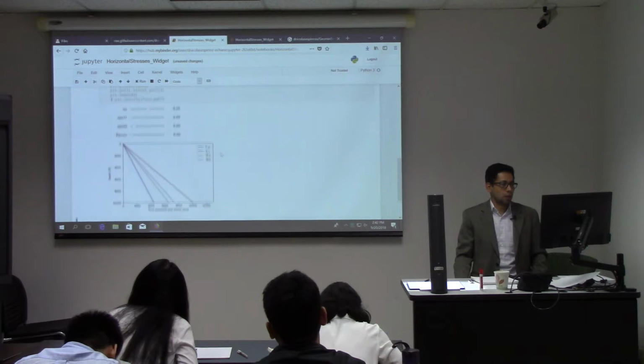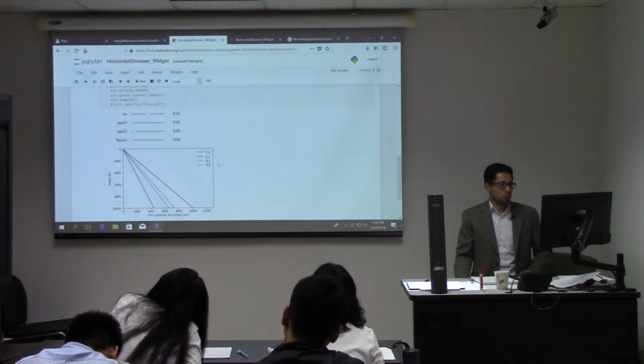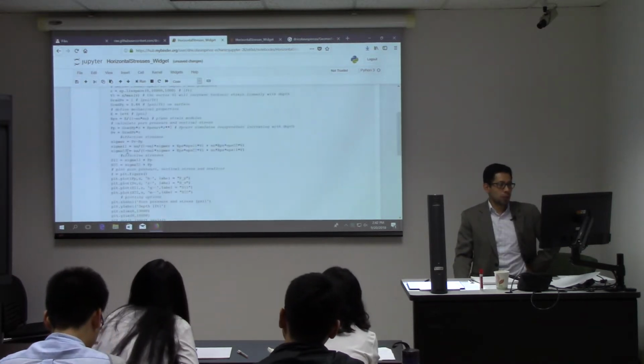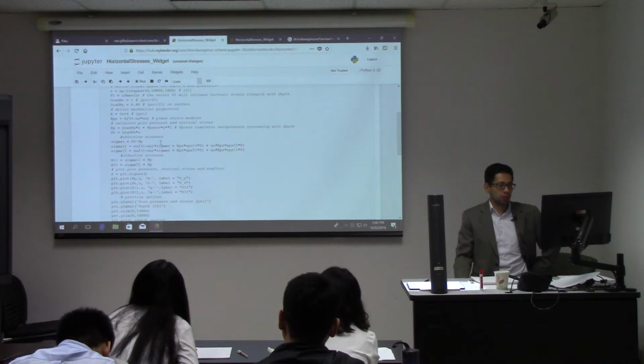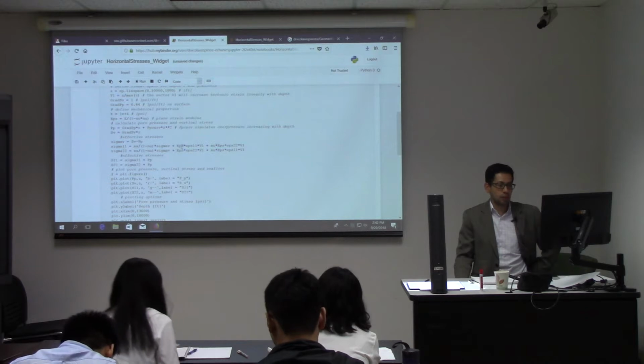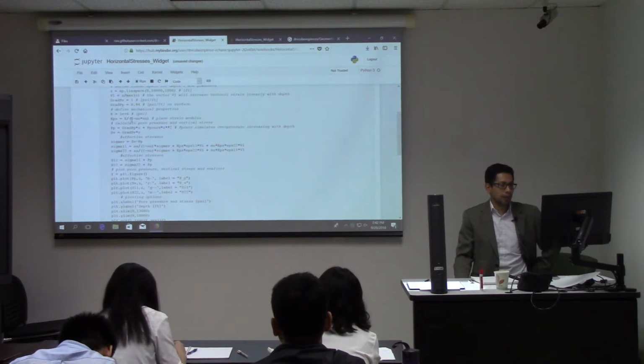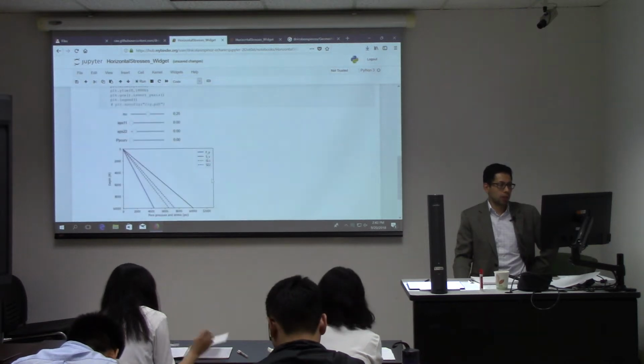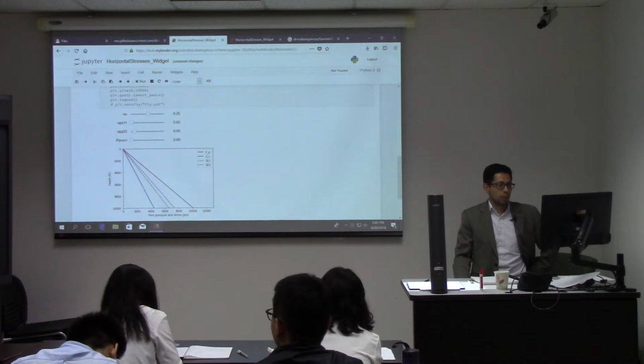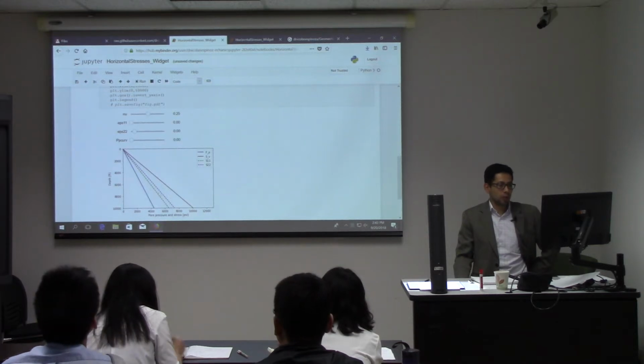Okay, there we go. And the equations that we just wrote before are over here. Plane strain modulus EPS is over there. So EPS, you see, is E over 1 minus Poisson ratio squared. And here we have total stress, vertical stress, pore pressure, and the horizontal stresses.